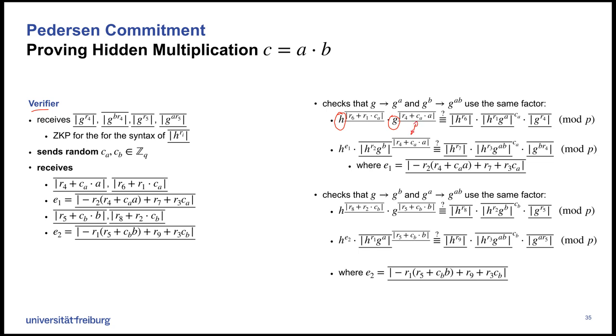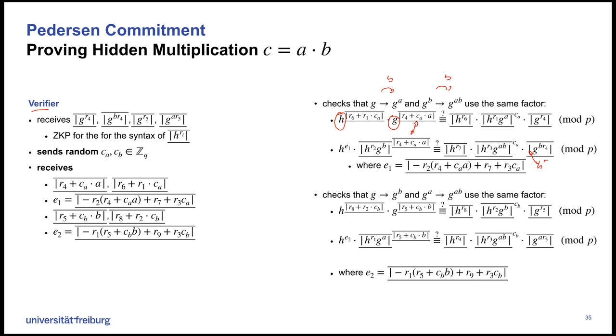Now the trick is the following. Here I have to add some h to the power of some random number later on. I will repair this for next week. So the trick is that this is the same number, so that I'm using the same factor b here and the same factor b here. Okay, so that's the first thing.